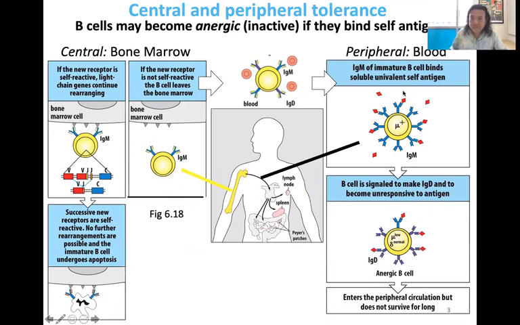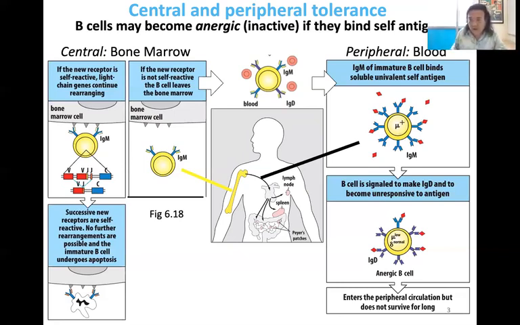Here you see this B cell, unfortunately, even though its IgM did not bind anything when it was still in the bone marrow, once it's gone into the blood and it's going around, oh, it binds these little red diamonds. And these red diamonds are meant to represent some sort of molecule that's very commonplace or normal in your blood, that comes from your own tissues.